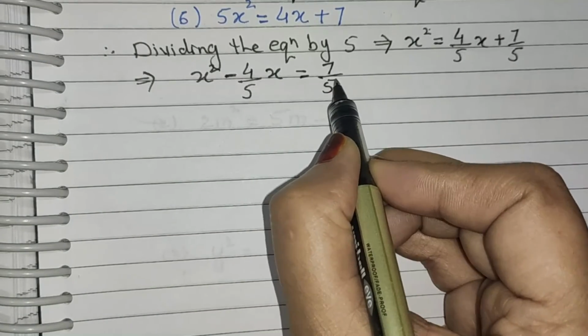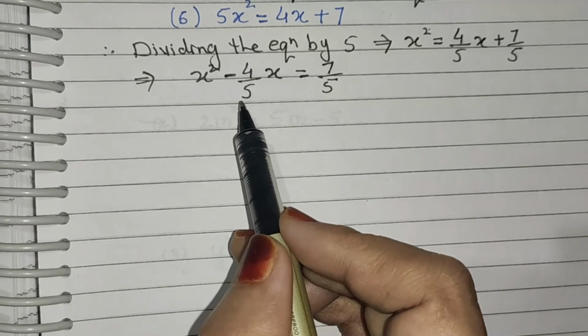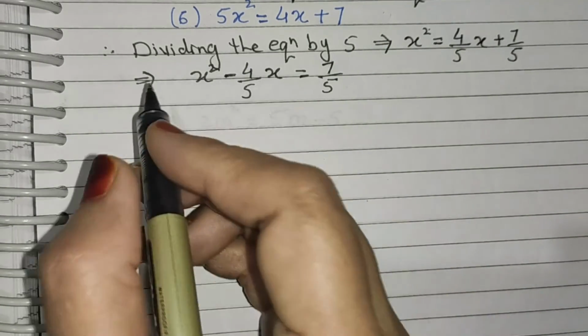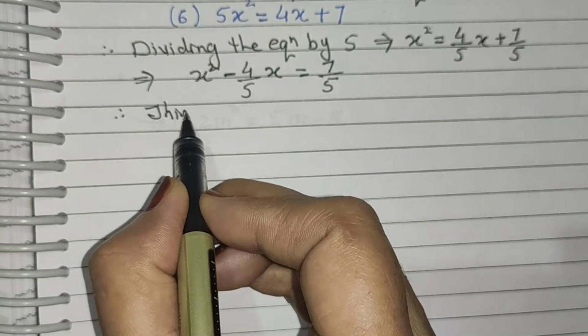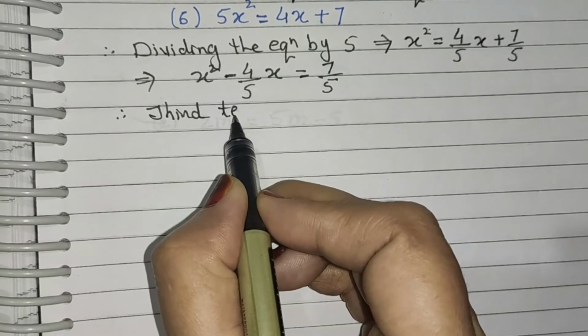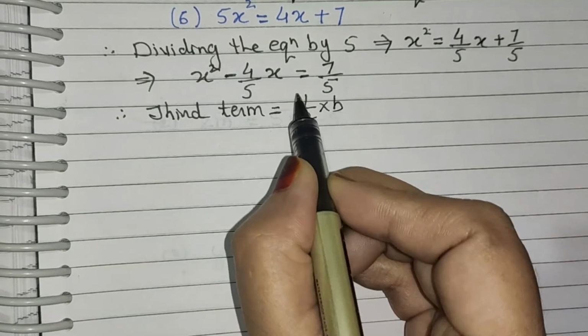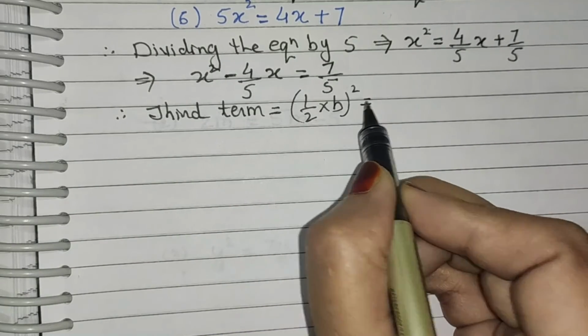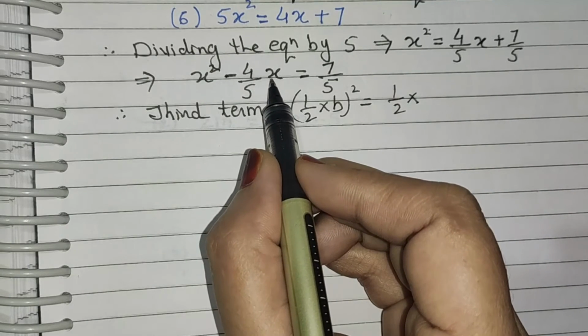Now we make left hand side a perfect square by adding third term. Therefore, third term is equal to 1 upon 2 into b whole square, b means coefficient of x.